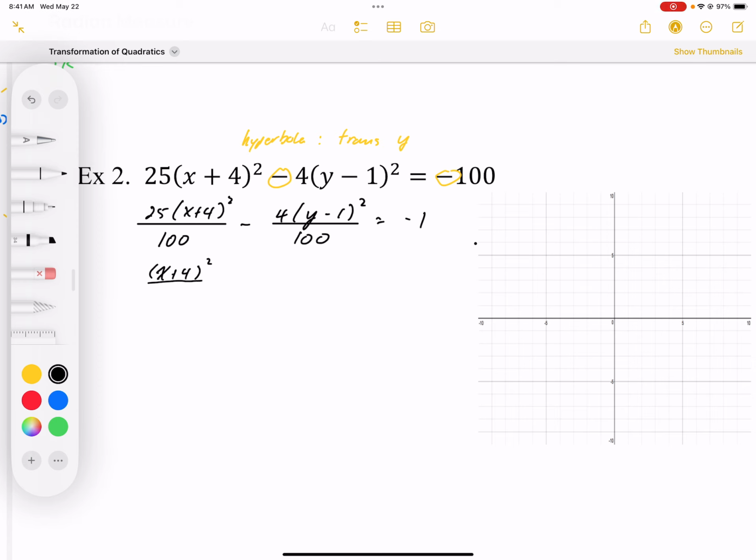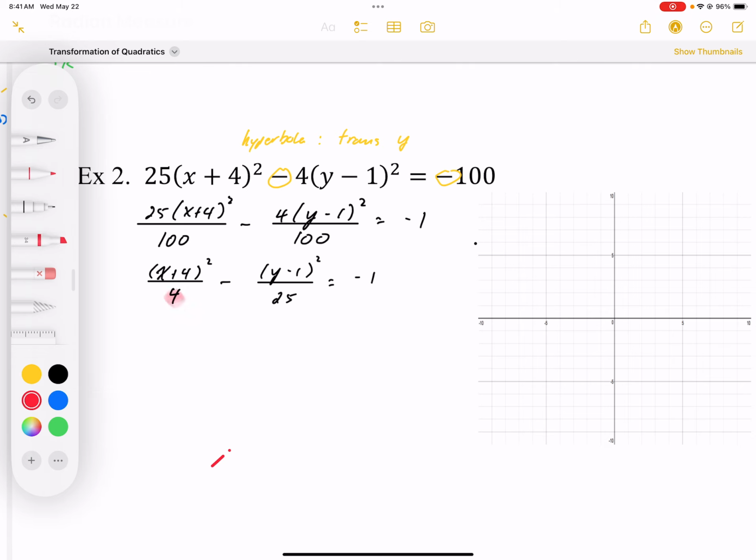We get (x plus 4) squared over 4 minus, and we're going to simplify this into (y minus 1) squared over 25 equals -1.